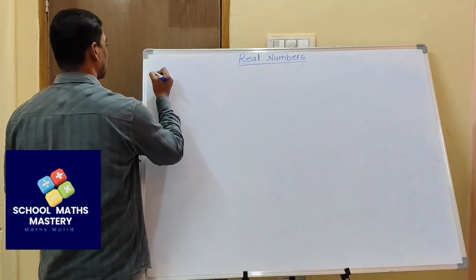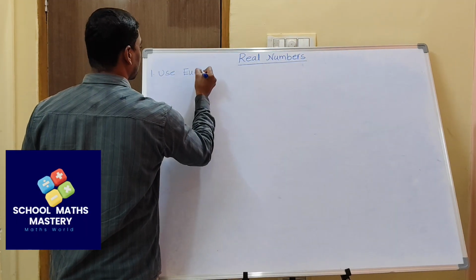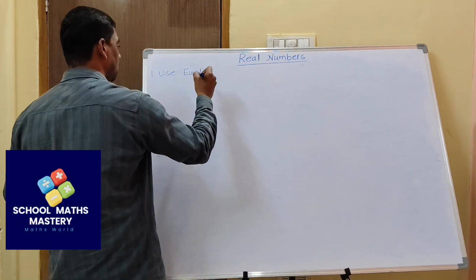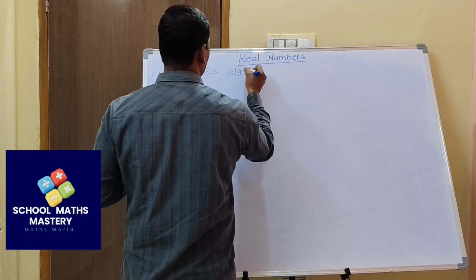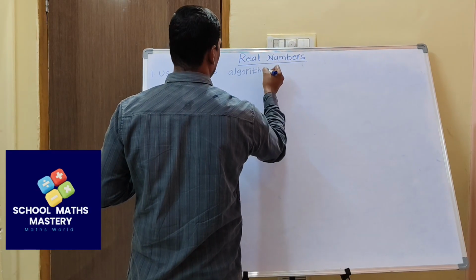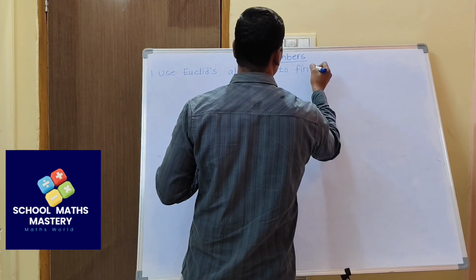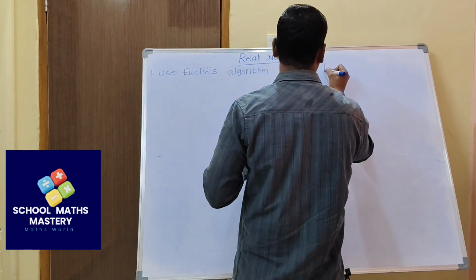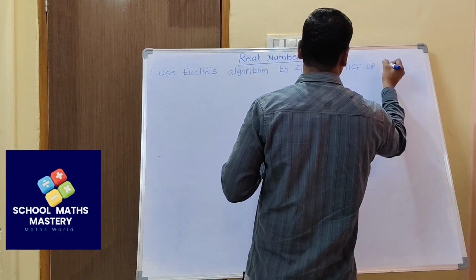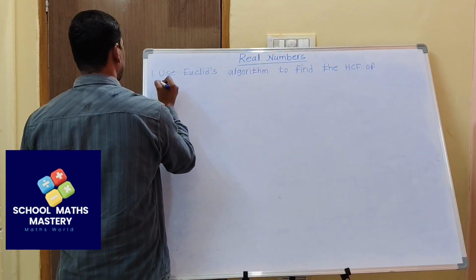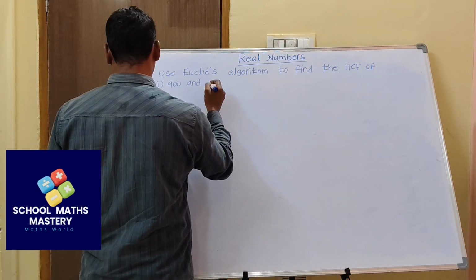First one is: use Euclid's algorithm to find the HCF of: first one is 900 and 270.